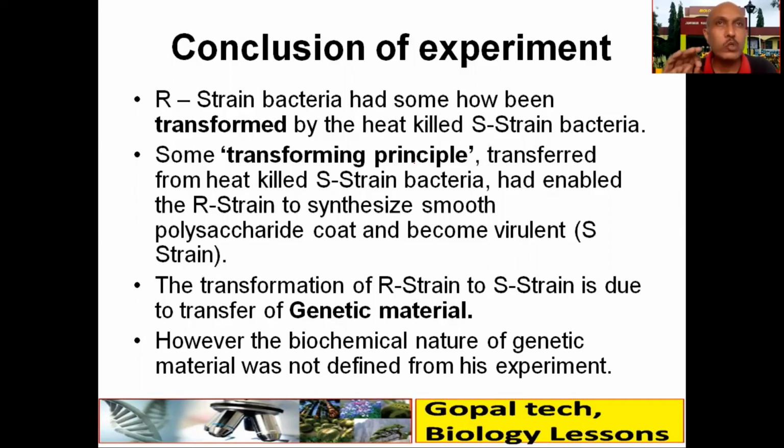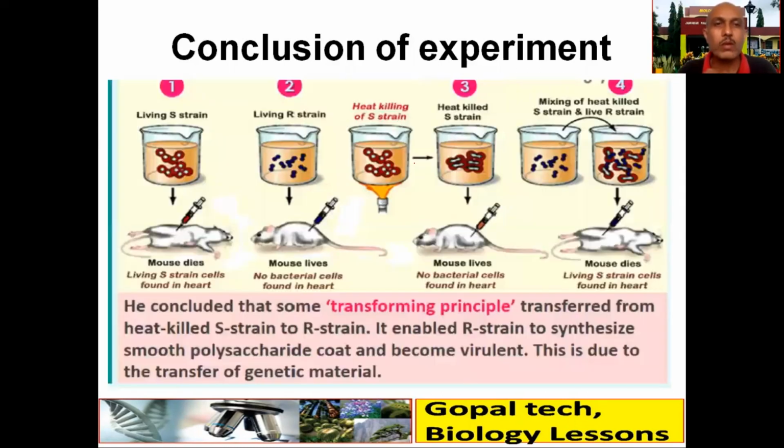But what he concluded is that something is transferring from the dead S strain into the R strain. Therefore, R strain bacteria become S strain due to the secretion of the polysaccharide coat, and that makes the bacteria virulent, and therefore the mice will die.